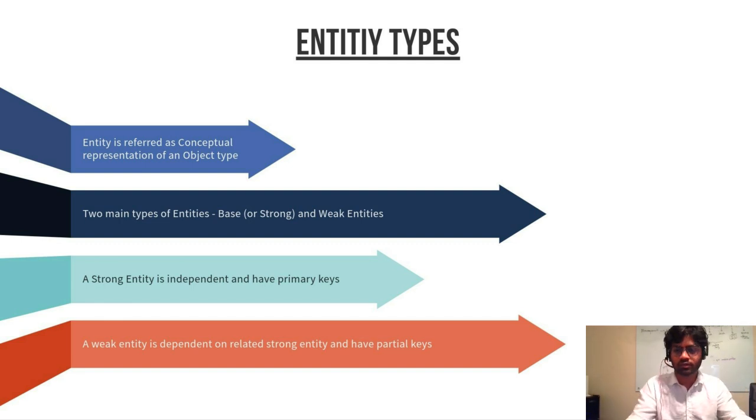The strong entities are basically independent and have a unique identifier called primary key. Whereas the weak entities cannot be uniquely identified on their own, so instead they depend on a related strong entity and have a partial key. This classification helps determine how entities are modeled and related.